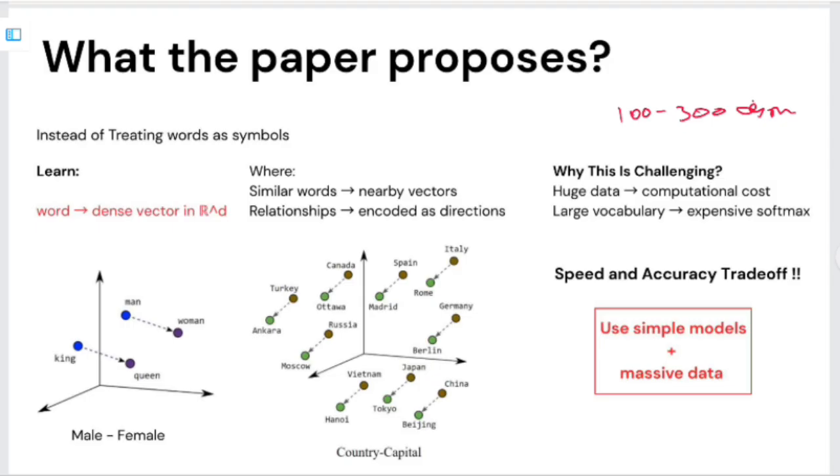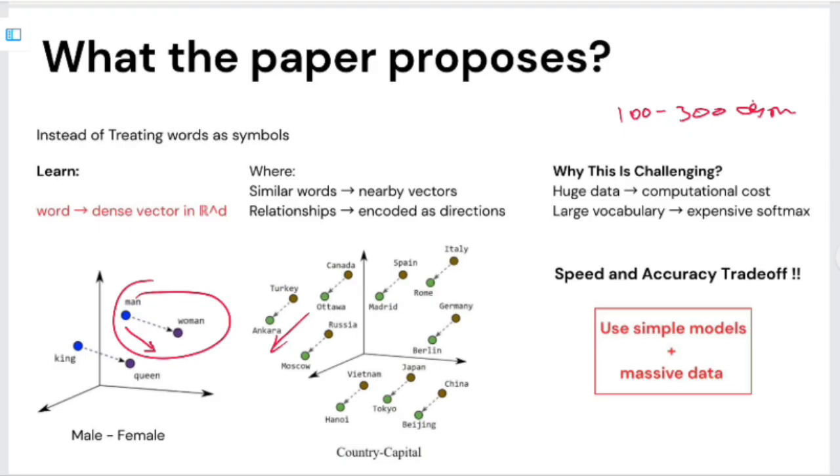Importantly, in this space, similar words end up close together, and relationships between words become directions in the space. So for example, the direction from man to woman is no longer symbolic. This is a very powerful idea because it means meaning is no longer symbolic, it's geometric.